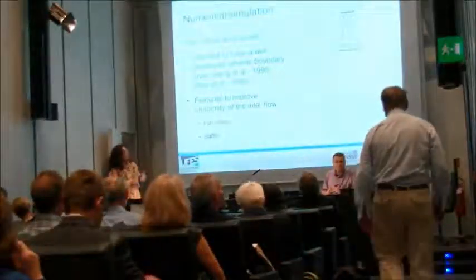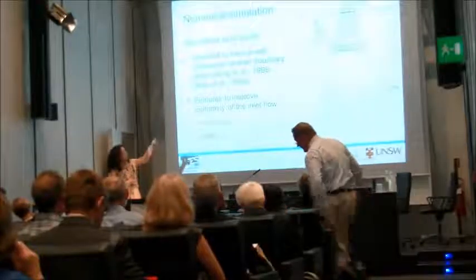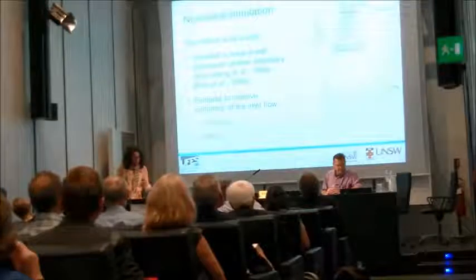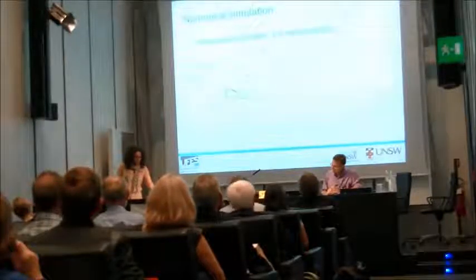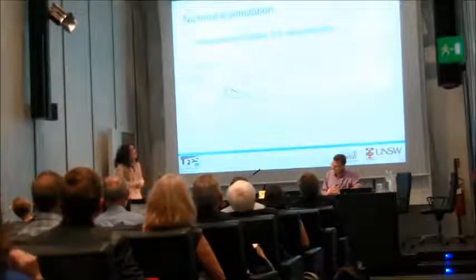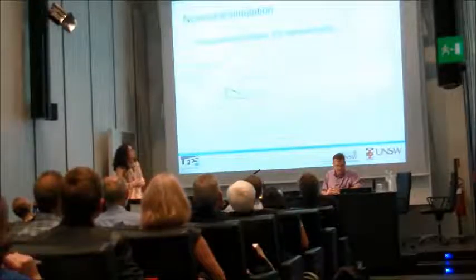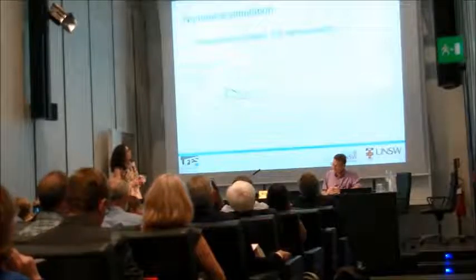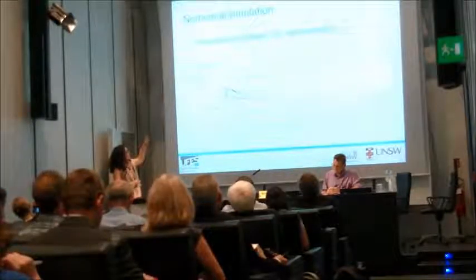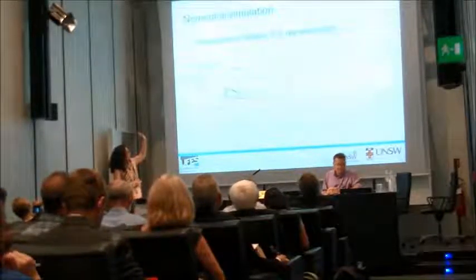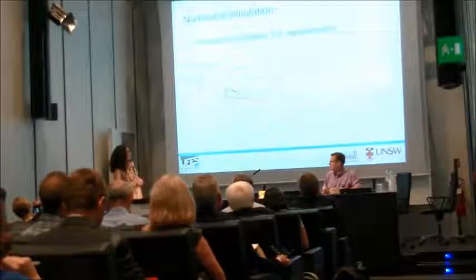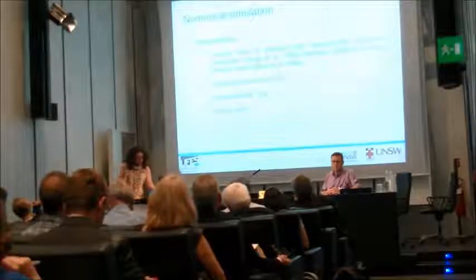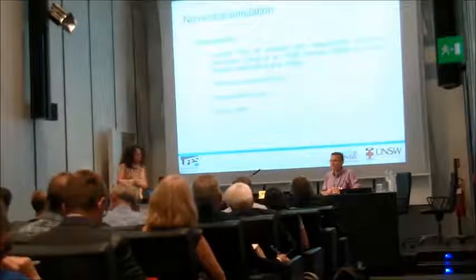A buffer was added to the wind tunnel, and also some flat vanes, to make sure that the flow was uniform at the inlet. For the numerical simulation, as shown in the picture, we took the symmetry plane to simulate the flow. So as I said, it's a two-dimensional simulation.